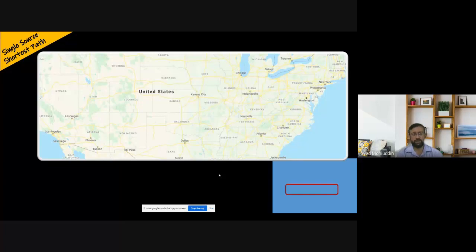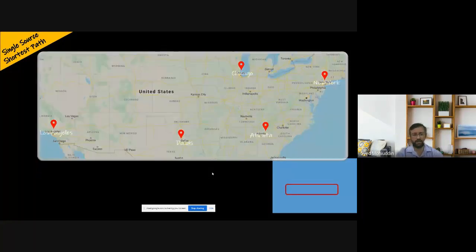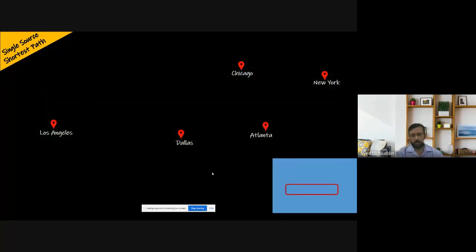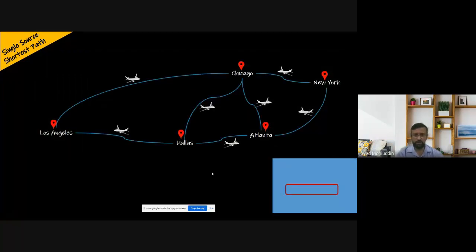Here, we are given a set of vertices. These vertices, in real time, are generally nothing but cities. If you consider this set of vertices, we have paths, but not all vertices will be connected to every other vertex.